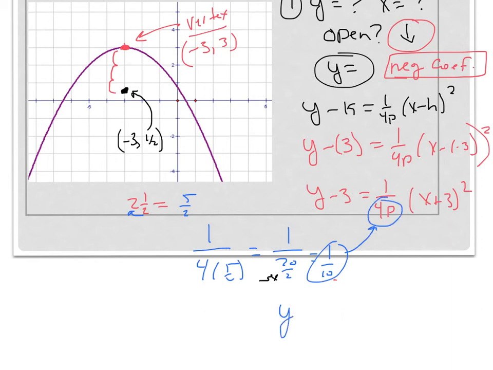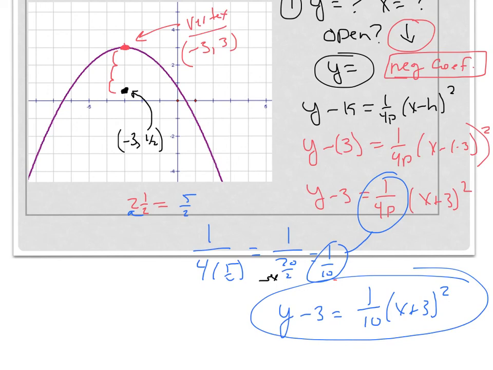So I have y minus 3 is equal to 1 over, excuse me, let me erase this. Put it in for that whole piece. It's going to be 1 over 10 times x plus 3 quantity squared. And that's how I can create the equation from the picture.